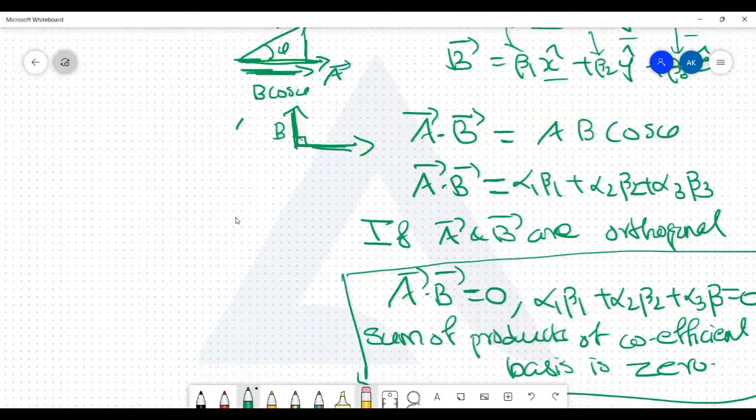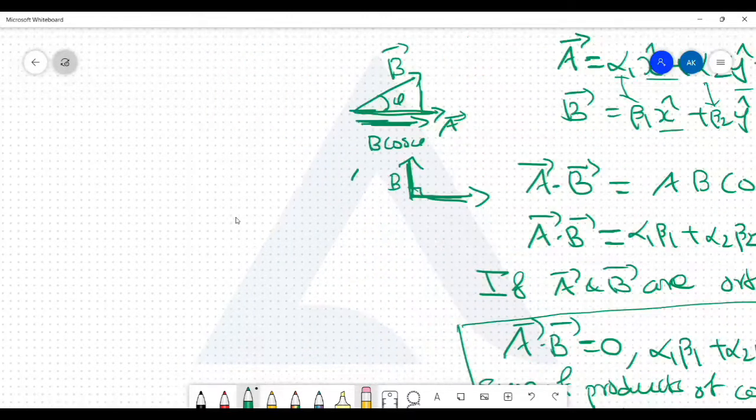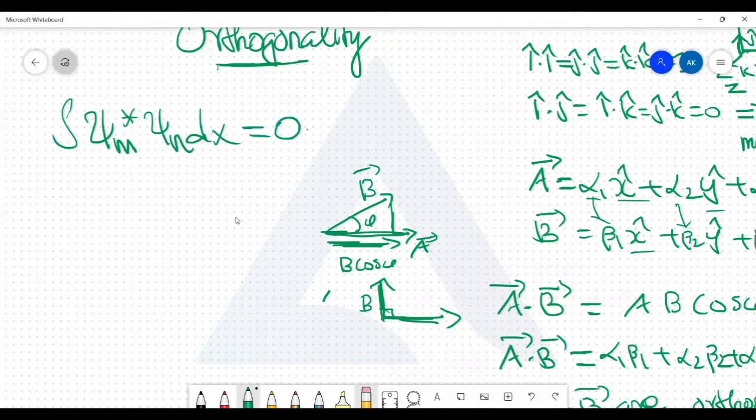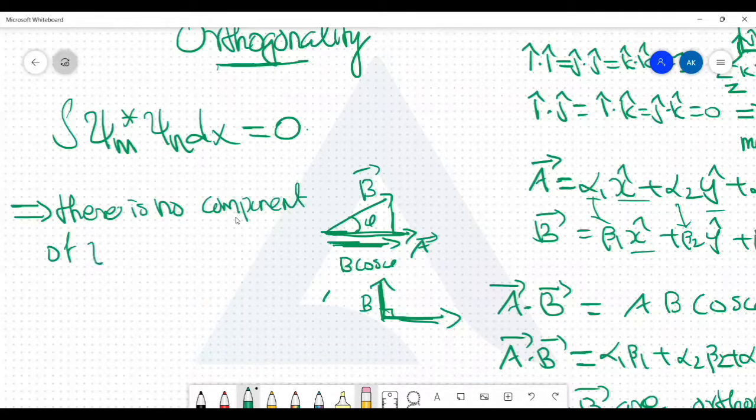For instance, if two functions are orthogonal, integral psi m star psi n dx equal to 0, which means there is no component of psi m along psi n. They are independent. They are mutually independent.